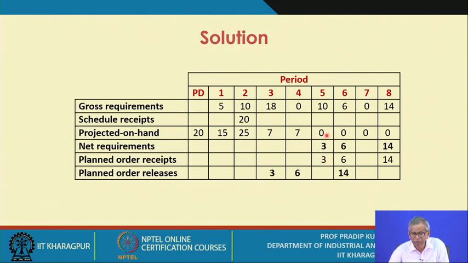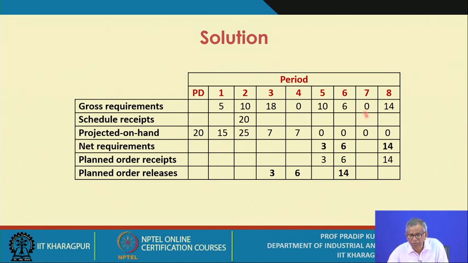Similarly, in the next time period your requirement is 6 but you don't have any stock on hand, so the net requirement is 6 units. You consider the lead time and place an order, the planned order release of 6 units, and you are supposed to get it on 6.